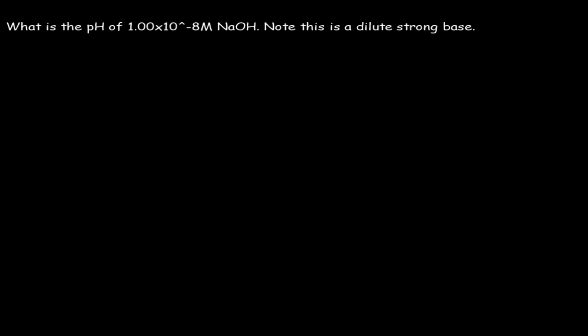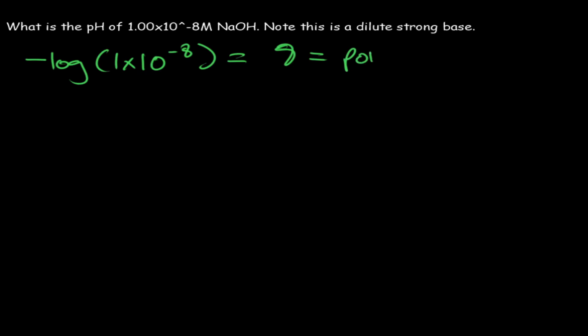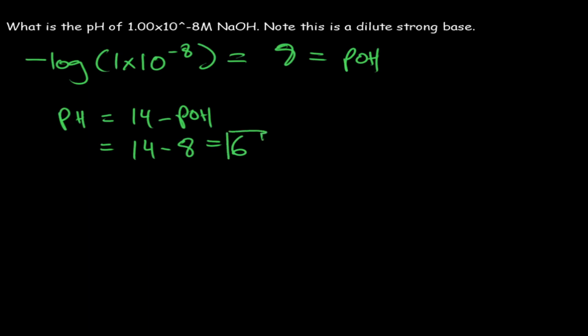So if we do that for this question, the negative log of 1 × 10⁻⁸ is going to be a value of 8. So this will be our pOH. To get our pH, all you have to do is 14 minus our pOH, and we get 14 minus 8 equals 6. So you would say, okay, our final value is 6.